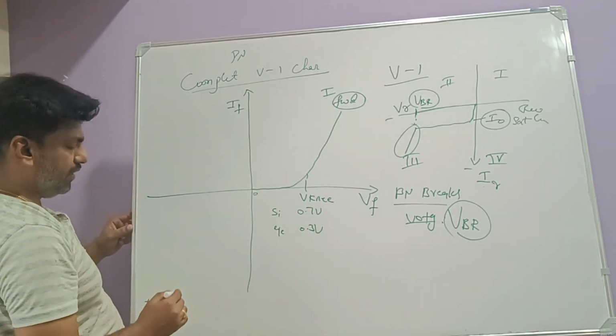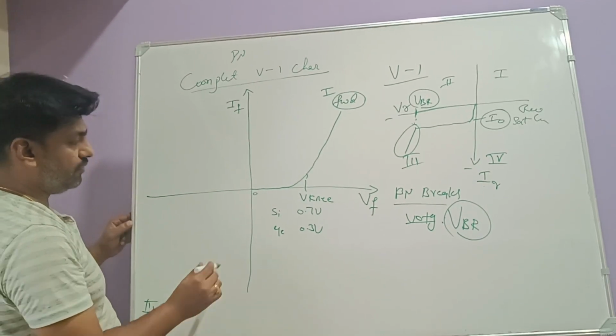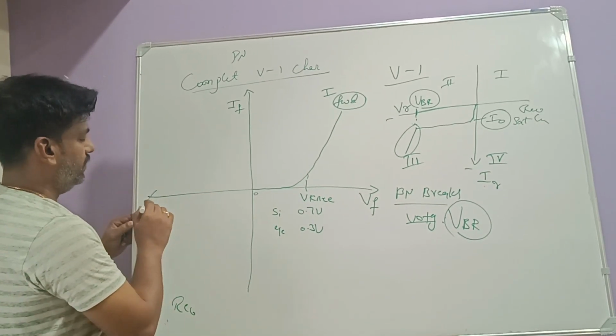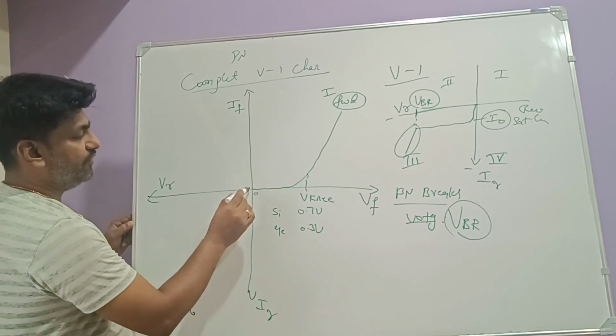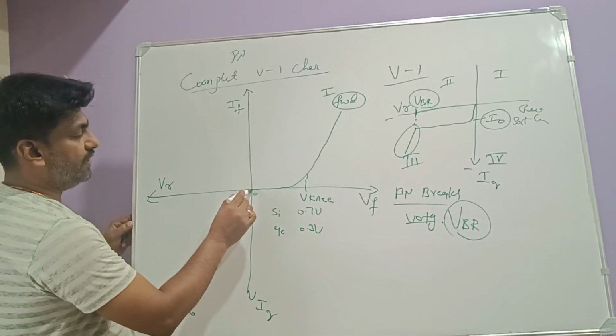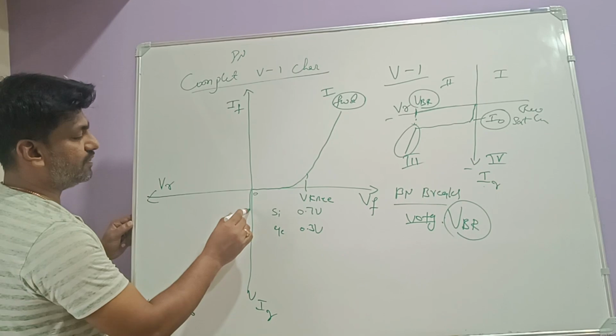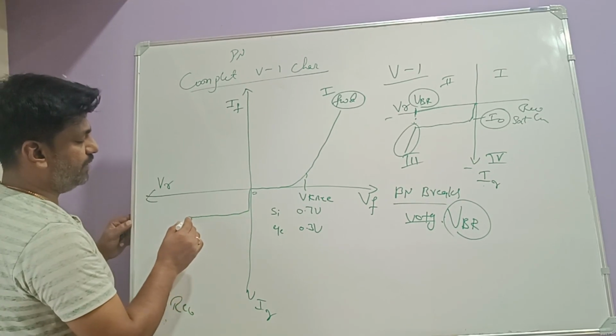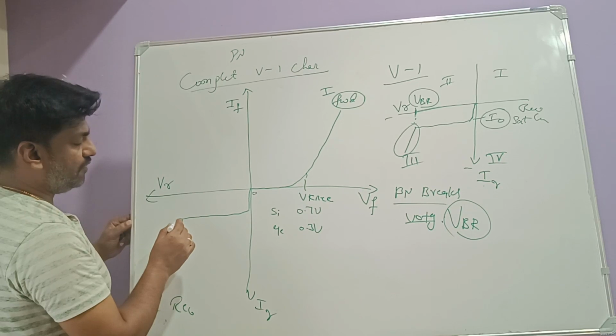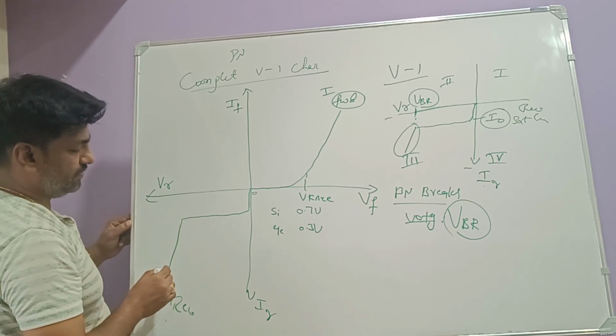In the third quadrant, we also draw the reverse characteristics. Initially, we can write this as VR and this as IR. Initially, when the voltage starts increasing, the current will increase. Later, if you keep increasing, it becomes constant. Then after some voltage, the diode breaks.